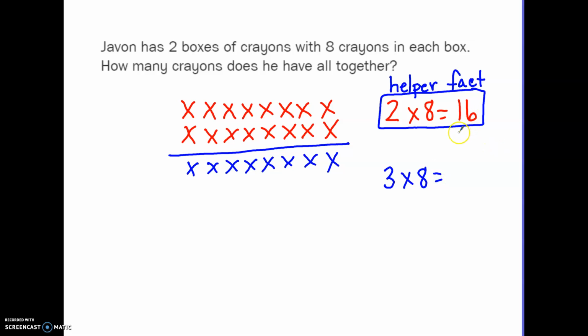And because I know the answer to 2 times 8 is 16, I can just start at 16. So 16, 17, 18, 19, 20, 21, 22, 23, 24. The answer to 3 times 8 is 24. Using a helper fact to solve a new problem when we add a row.